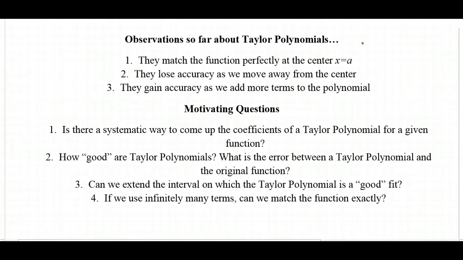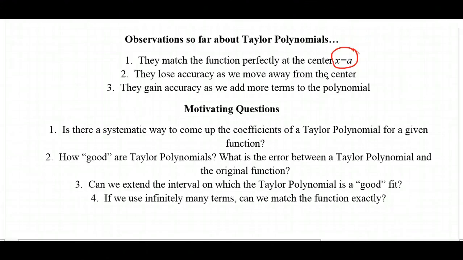As we wrap up this introduction on Taylor polynomials, I want to go over a few observations that we've looked at so far. Taylor polynomials match the function that they're trying to approximate perfectly at the center, x equals a. Every single Taylor polynomial, no matter what order, is going to exactly match the function at x equals a. But Taylor polynomials lose accuracy as we move away from the center.